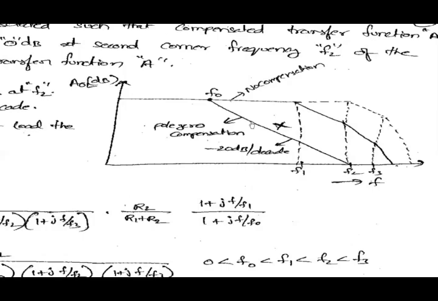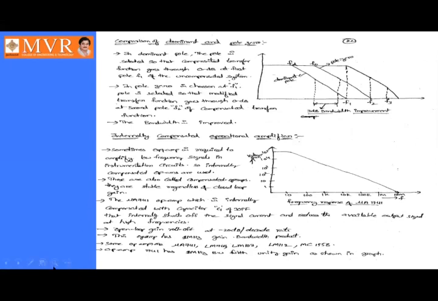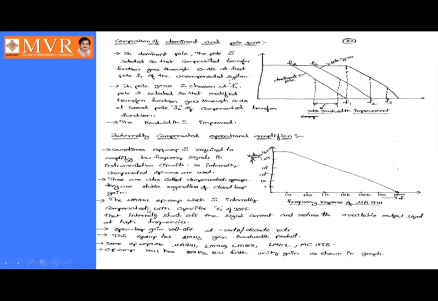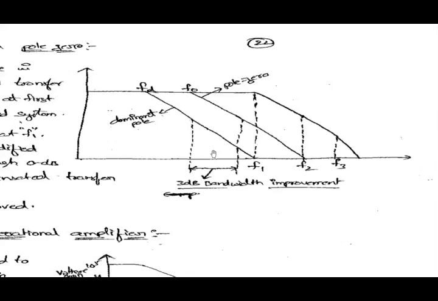So you can observe here, when you observe this, that this is the dominant pole. This is due to dominant pole compensation, and this is due to pole zero compensation.